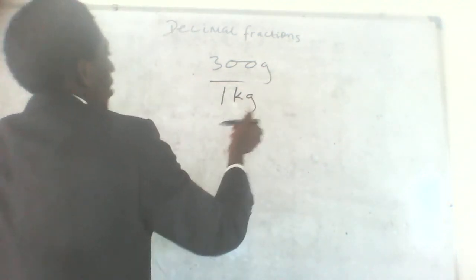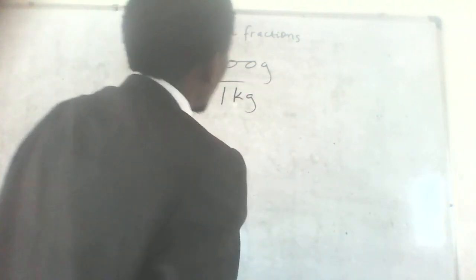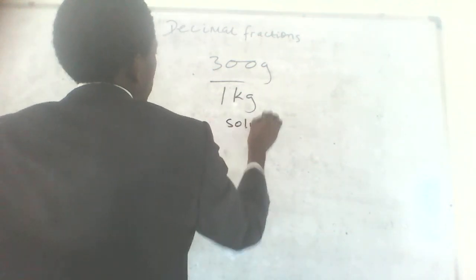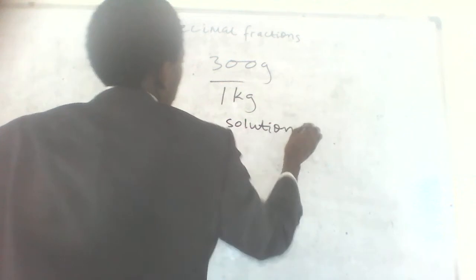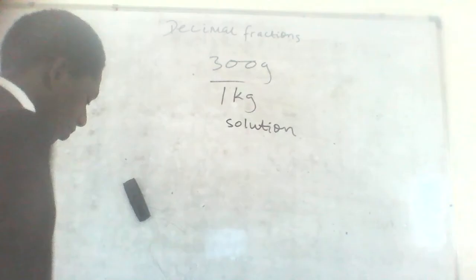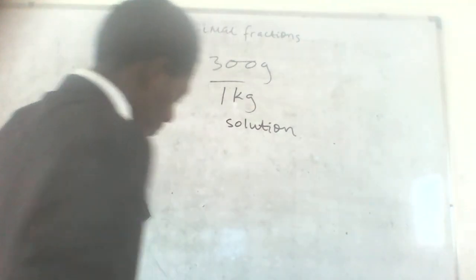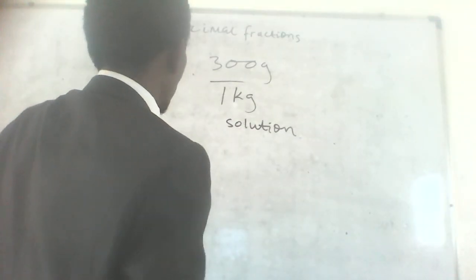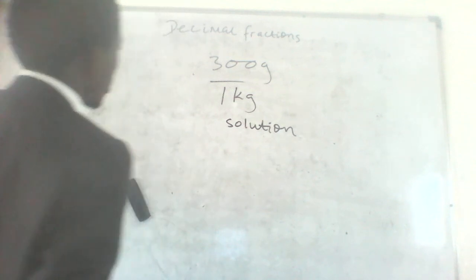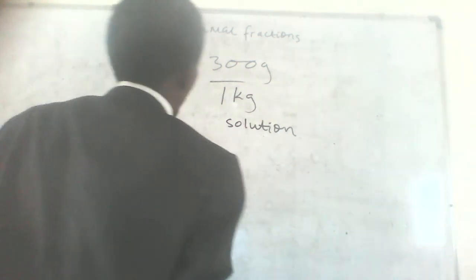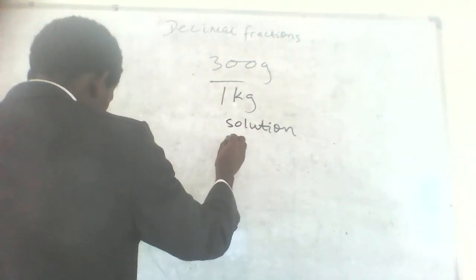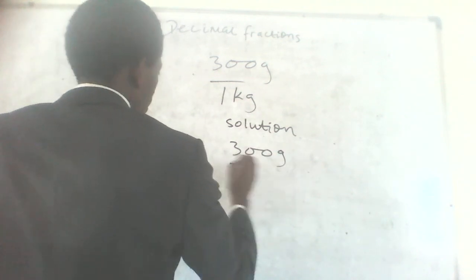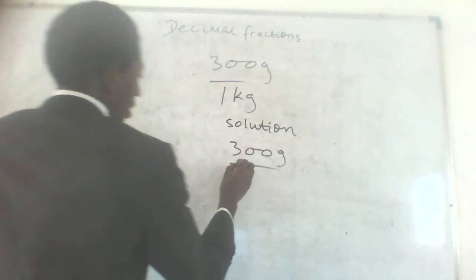Here is a gram, here is a kilogram. But this is not really a problem to worry about because we know that 1,000 grams can make 1 kilogram. So let's say this is 300 grams divided by 1,000 grams.